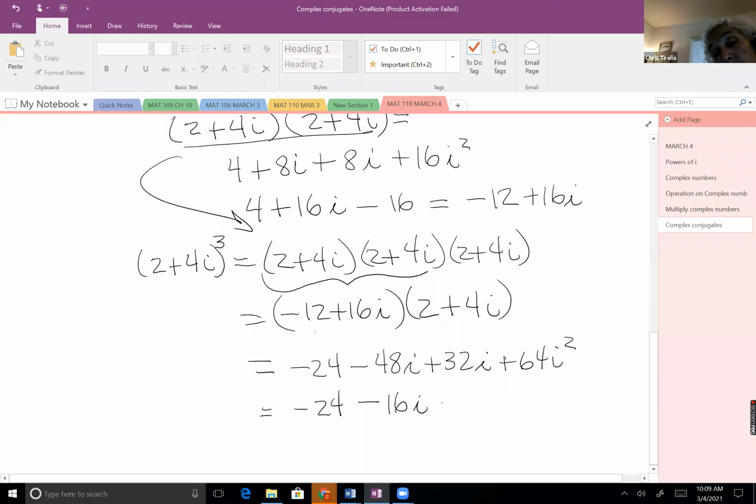And then that i squared, again, is negative 1. So that gives me minus 64. And so the final answer would be negative 88 minus 16i. And there isn't a shortcut for those. You just have to think of doing that repeated multiplication.